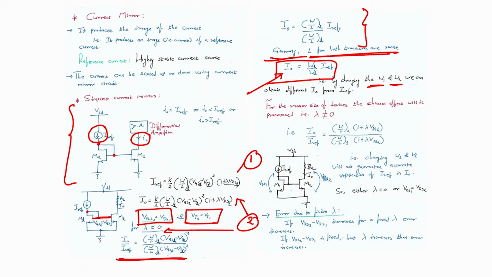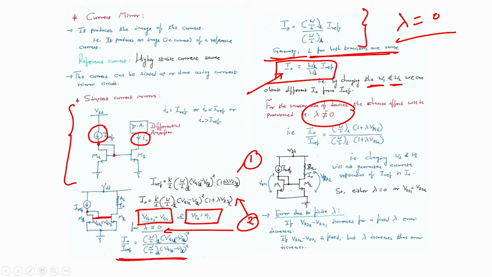If I have W1 less than W2, I will have lower current. That means I have a circuit in which I can have the same current, or increase or decrease the current. So this circuit is nothing but a mirror, a mirror of a current, and that is why it is a current mirror. But this condition is true when we consider lambda equals 0. What if lambda is not equal to 0?